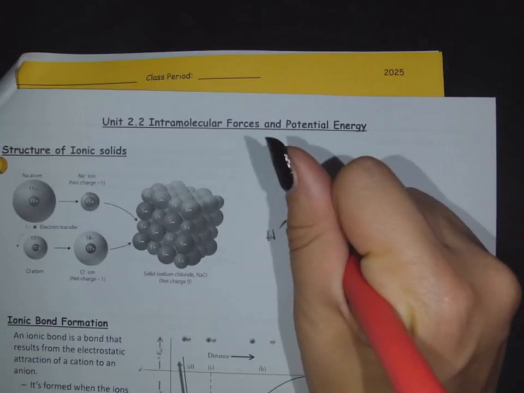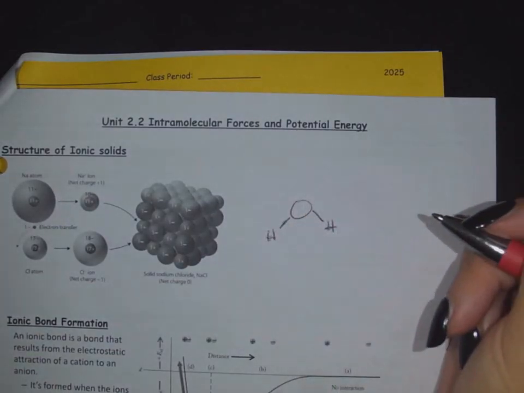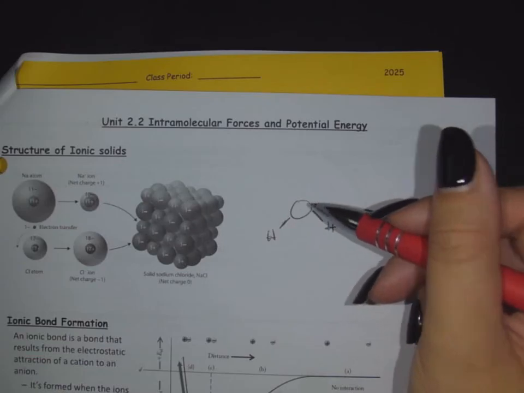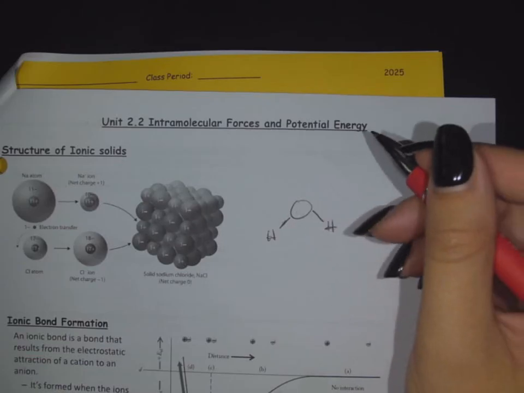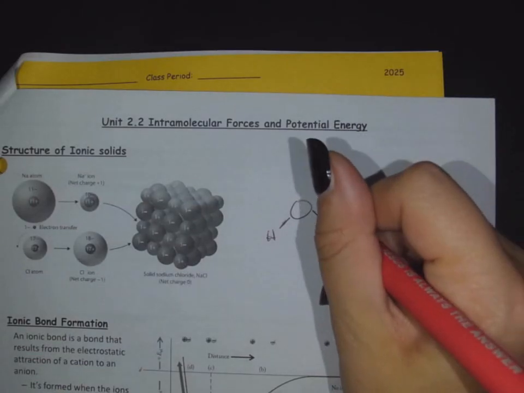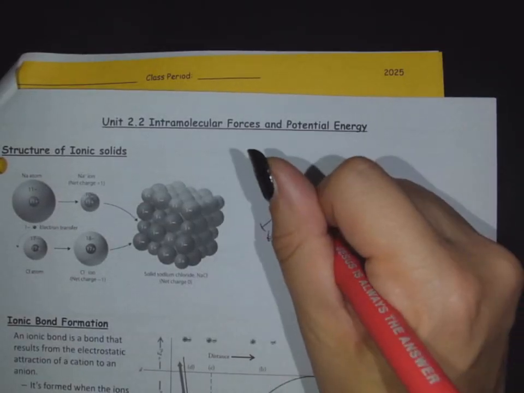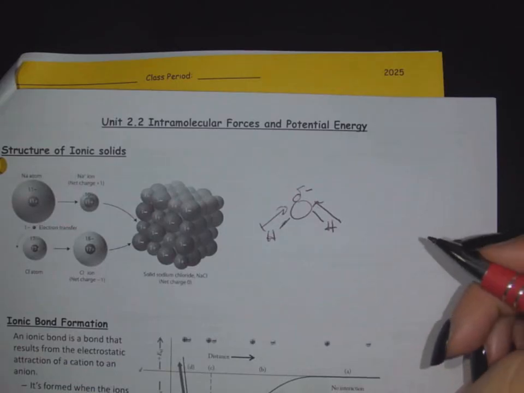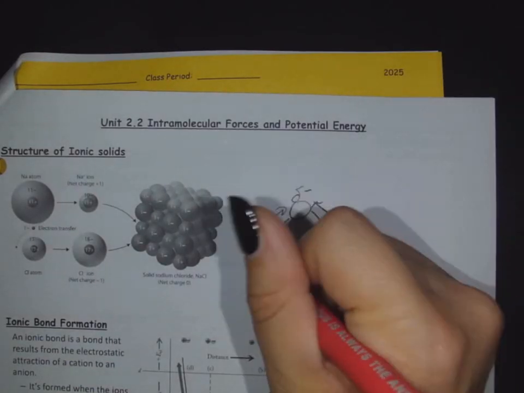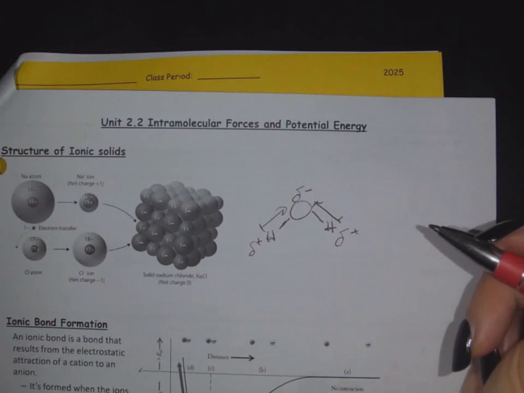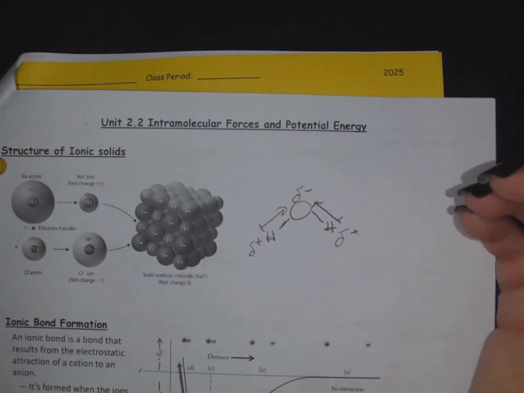It's got polar covalent bonds holding this water molecule together, and the difference in electronegativity between the oxygen and the hydrogen is fairly large. So we definitely get a partially negative region of this molecule and a couple of partially positive regions of this molecule.